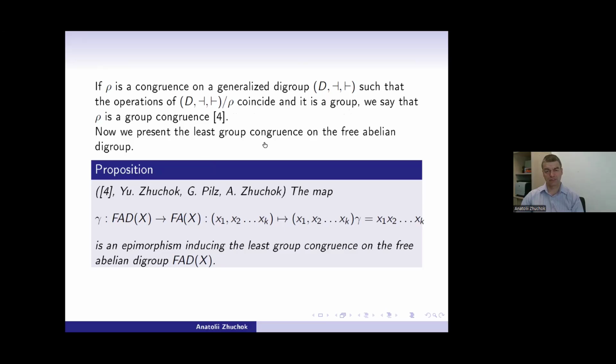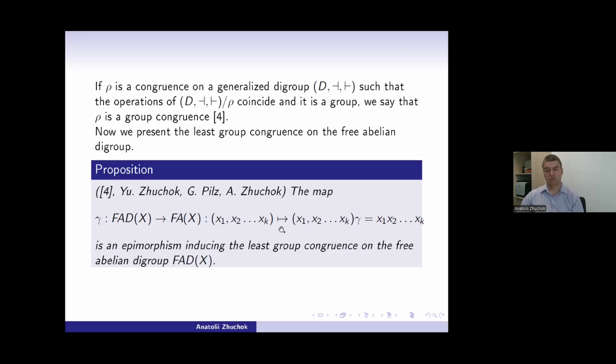And now we present the least group congruence on the free abelian group. Not on the free generalized group, but on the free abelian group. This is our joint result, and the map FADX to FAX is defined this way.